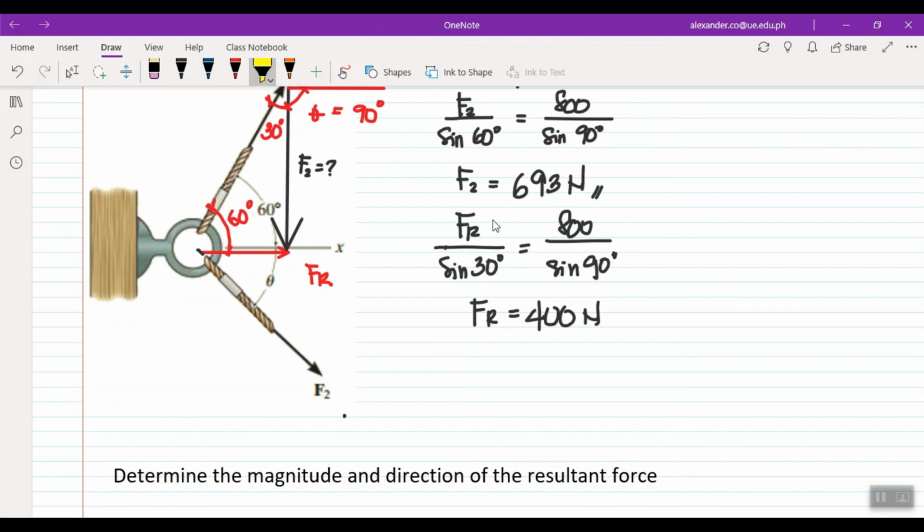So, ito yung final answer natin sa F sub 2. Medyo, tama na to kasi obviously na tama na. Yung F2, base dito sa graphical, mas mahaba sa FR. Na-compute natin at graphical representation nagtugma. So, this one is correct without any doubt. This is the final answer.